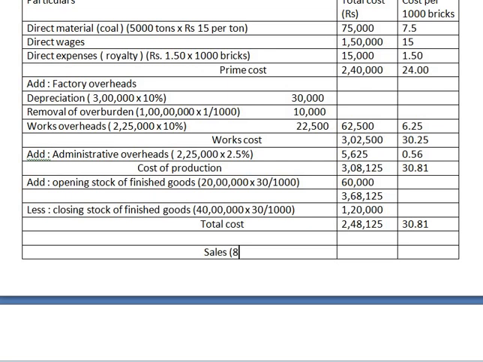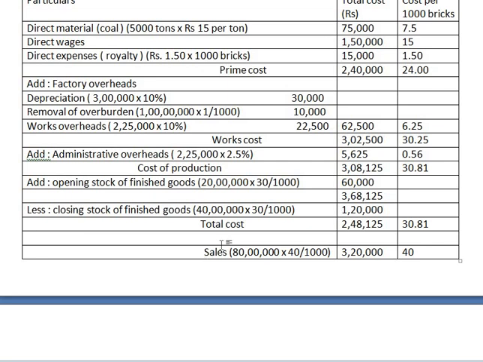So here 80 lakhs into 40 per thousand bricks. So 40 divided by 1000 bricks. Calculate, you will get 3 lakh 20,000. Already they have given per thousand bricks.